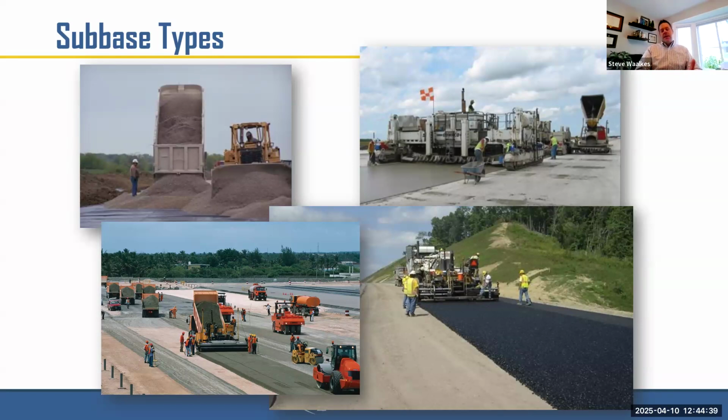In Michigan, typically, if we're on a clay or silty soil, we probably will do a sand subbase over top of that, and then an aggregate base over top of that, and then our pavement, asphalt or concrete, on top of that. With concrete, we generally don't need as thick or as many subbase layers. It's more of constructability than it is support for the pavement.